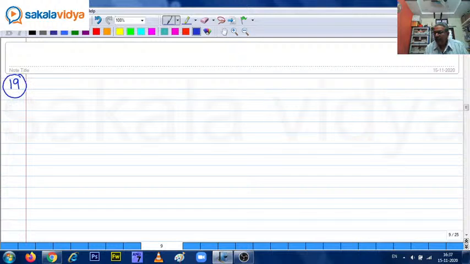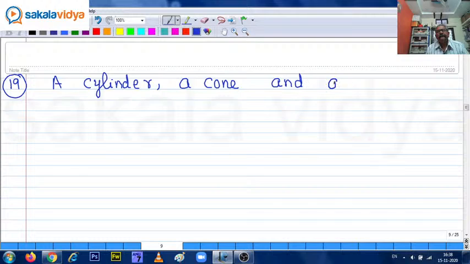Nineteen. A cylinder, a cone and a hemisphere are of equal base.